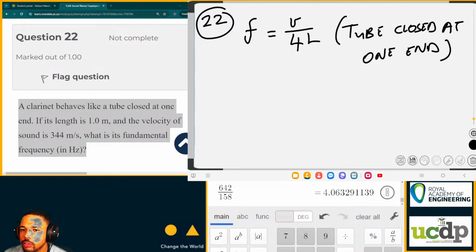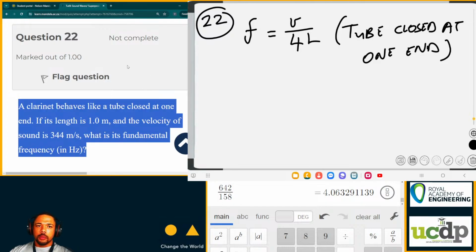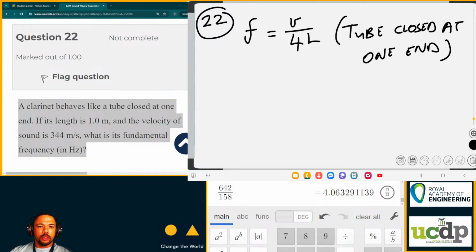The fundamental frequency is equal to the velocity of sound in that air column inside the tube divided by 4 times the length of the tube. That will give you your fundamental frequency.